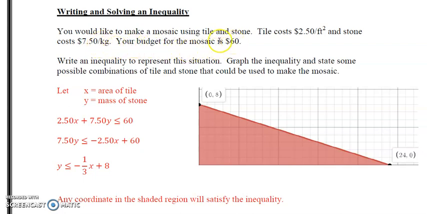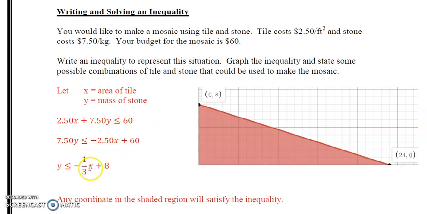Your budget for the mosaic is $60, but you want to have a mixture of both. So it's just write an inequality to represent the two. So I let x equal the area of the tile, I let y equal the mass of the stone, and then I set up the inequality using our price points. So it's $2.50 multiplied by the tile, x, plus $7.50 multiplied by y is less than or equal to 60.